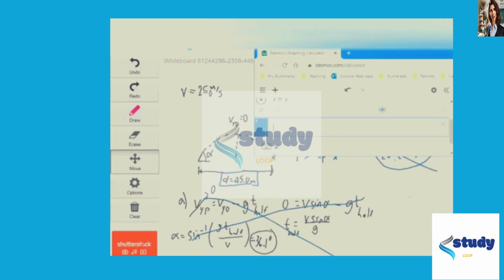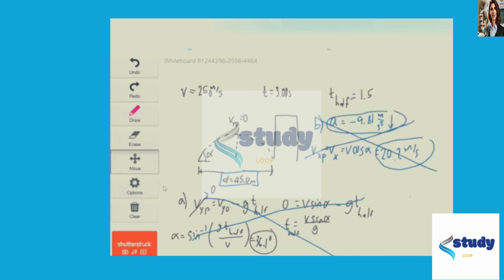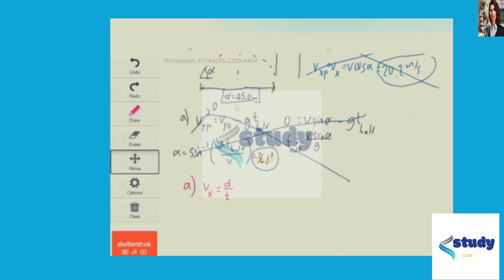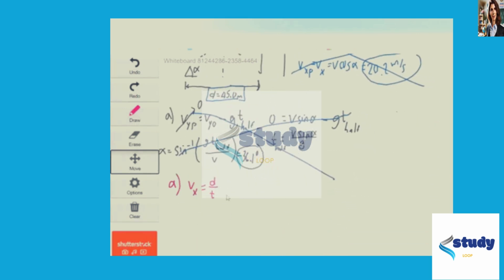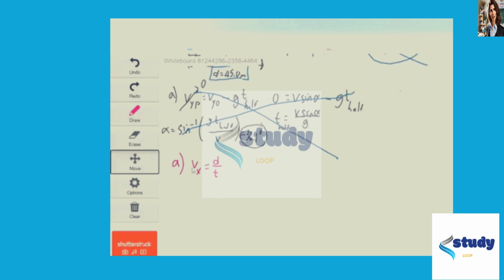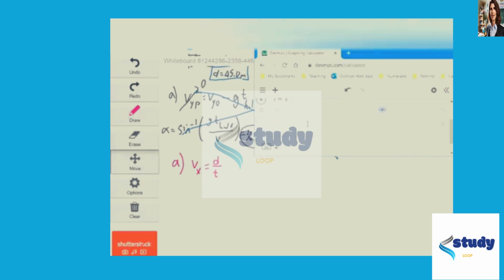Okay, so now V. Whoopsies. Let's move down here. Okay, let's keep going here. V sub x is d over t. Did I declare d? I did not declare d.